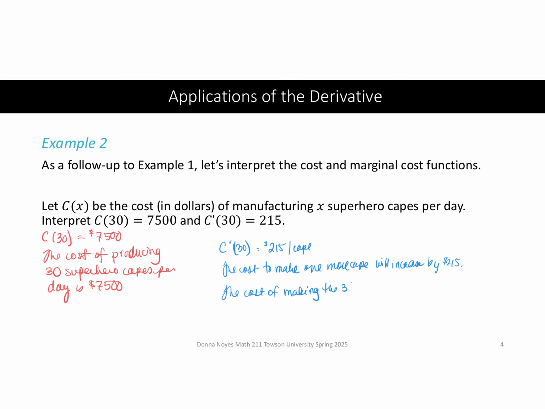So the cost of making the 31st superhero cape is approximately $215.